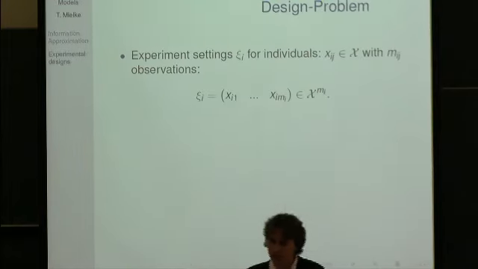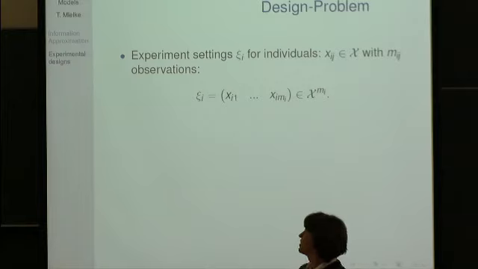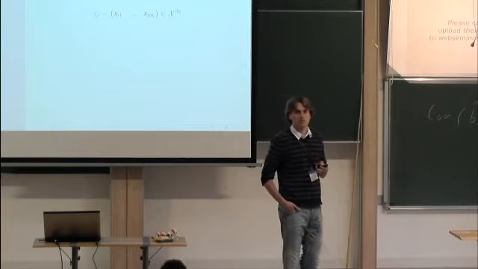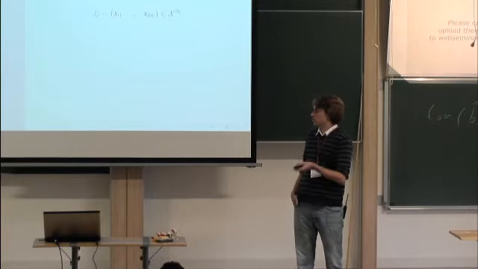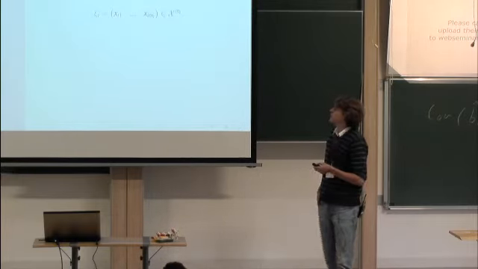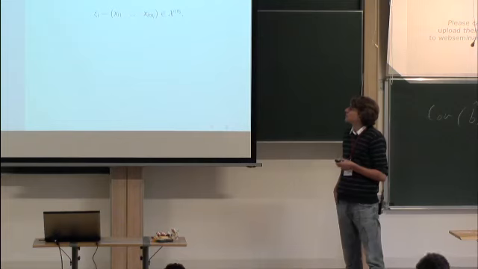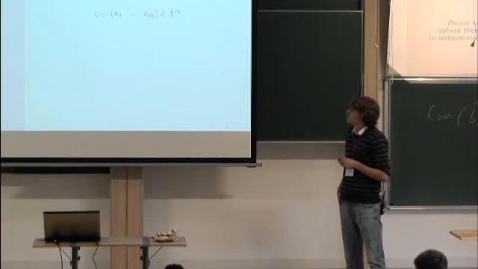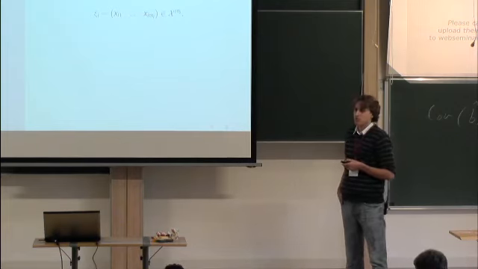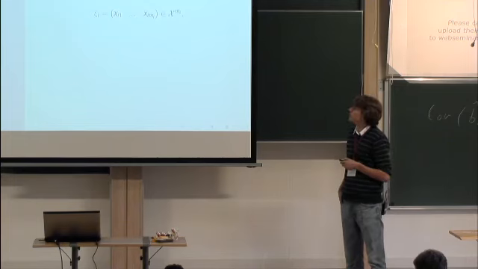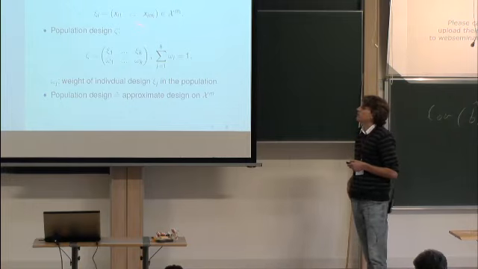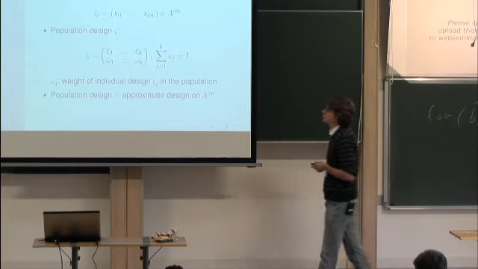So now we come to the next point, the experimental designs. As the model itself is built up in two stages, the experimental design is as well. So we have at first the individual experimental designs, XCI, which describes the experimental settings for an individual, and the second stage are the population designs. These are the proportions of the individual designs in the whole population.